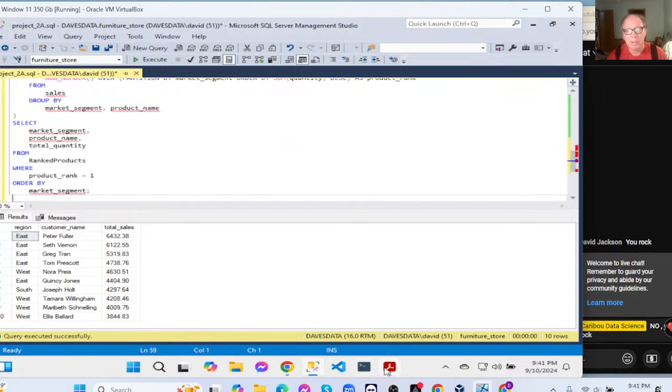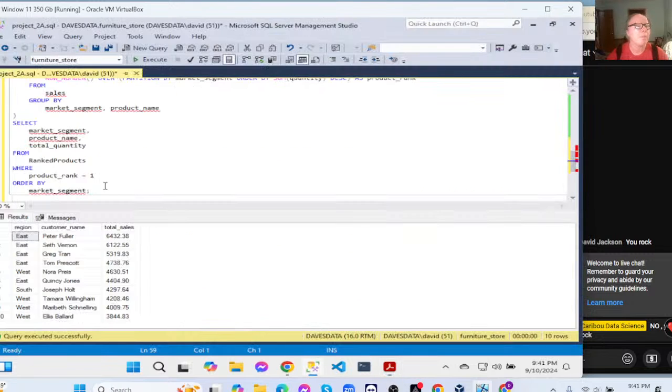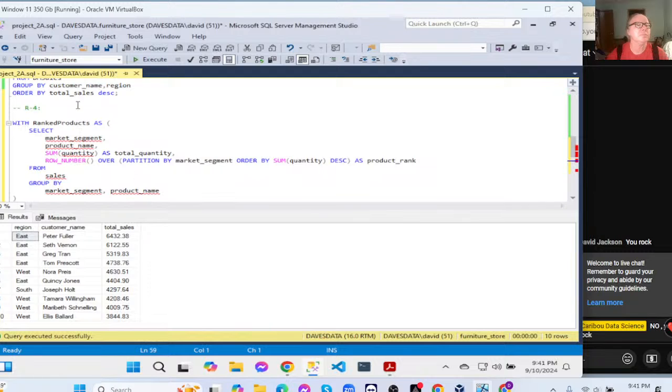Yeah. Whenever you see the with and the as, that tells you that it's a common table expression, or CTE. Okay. So let's copy this. Click here and copy the question again.